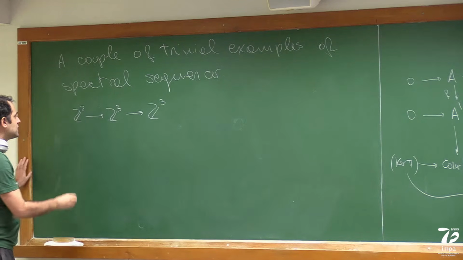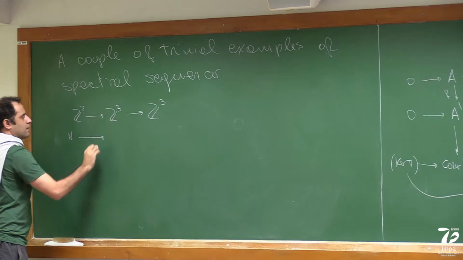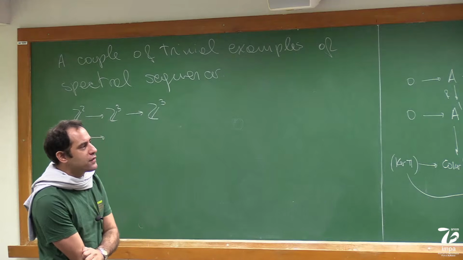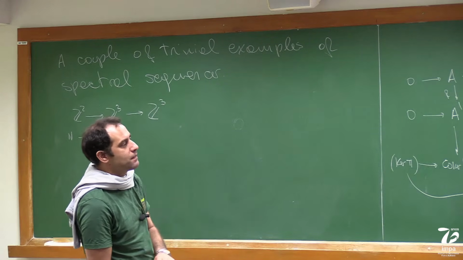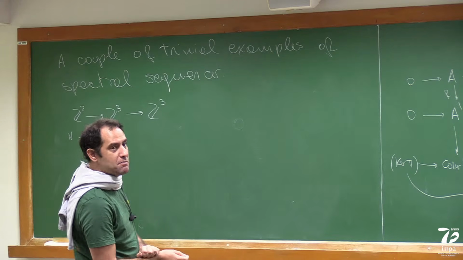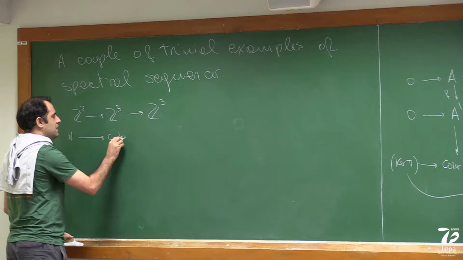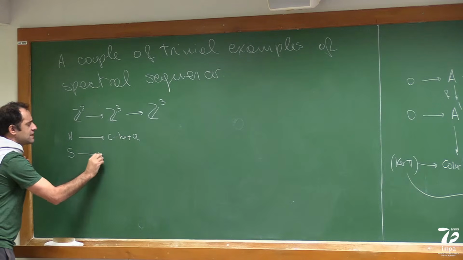And what are the differentials? So here I have the North Triangle, the North Hemisphere. And the boundary of the Northern Hemisphere is, well, we see this as A minus B plus C. So we have C minus B plus A. And if I look at the Southern Hemisphere, it's the same thing.